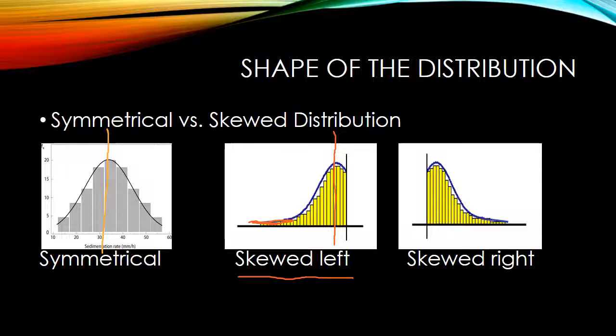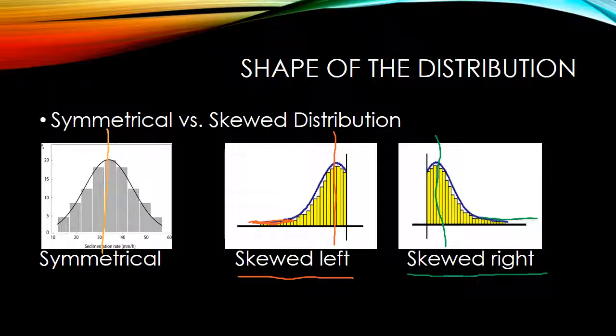Now, the third scenario that we can have is a skewed distribution to the right, which means that the tail of the distribution is at the right side of the graph. And in this case, the mean and the median are here in the middle.